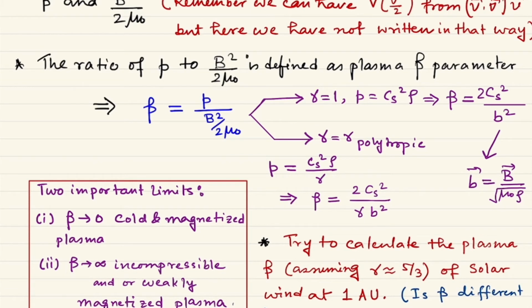Now on the other hand, the diametrically opposite case is beta tending to infinity. You can easily see from here that when beta tends to infinity, the temperature is very strong, very large. So beta tends to infinity for an isothermal plasma simply says that the plasma is very hot.